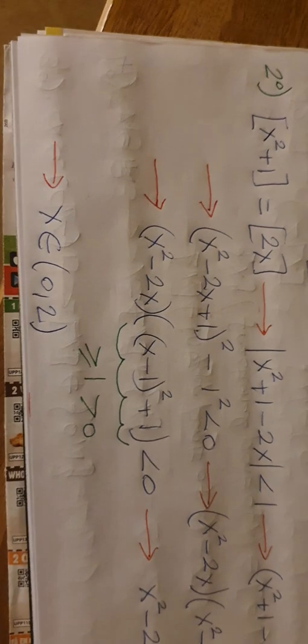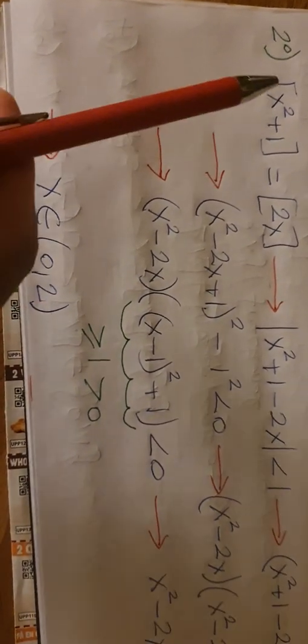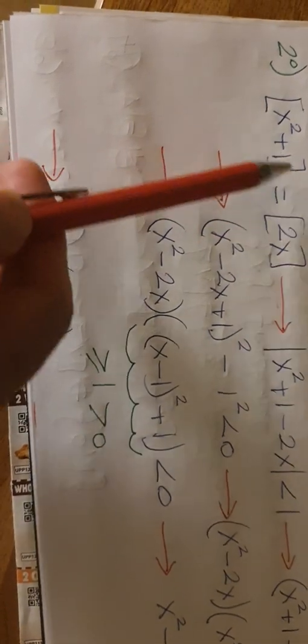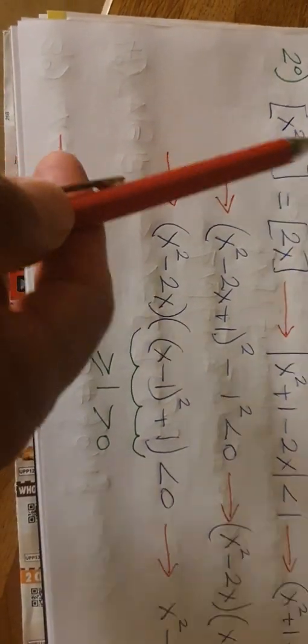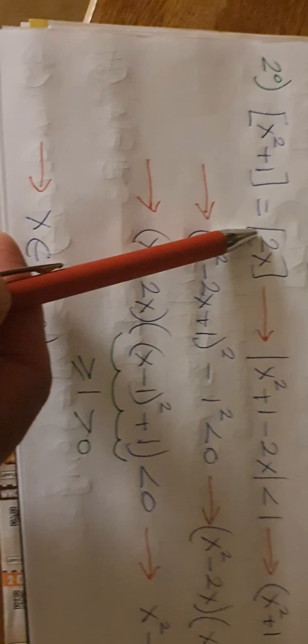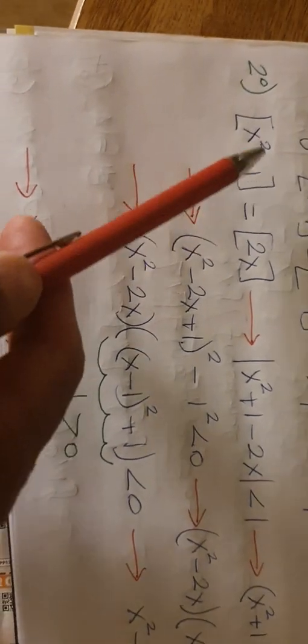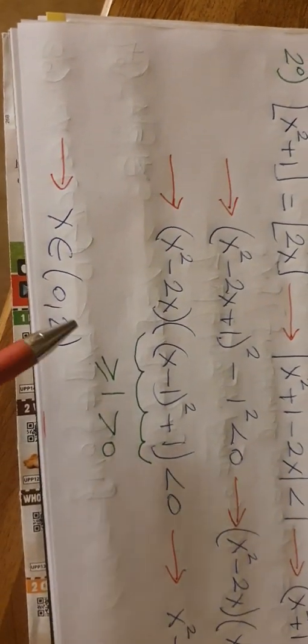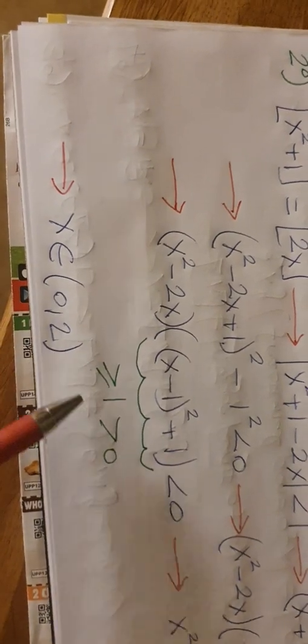So, in other words, what have we done so far? If this equation has a solution, then the solution has to lie in the open interval from 0 to 2.